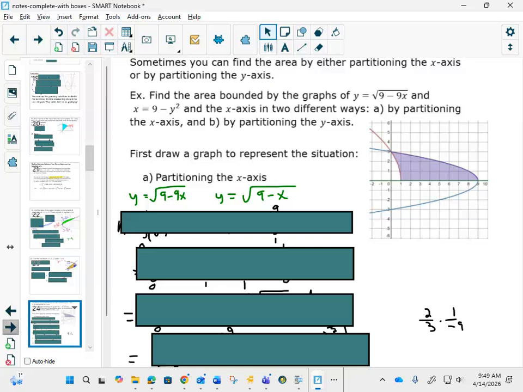I should color code these. This one in blue. Sorry, that graph is already in red. I will highlight the red graph with a red part. That's this part right here.